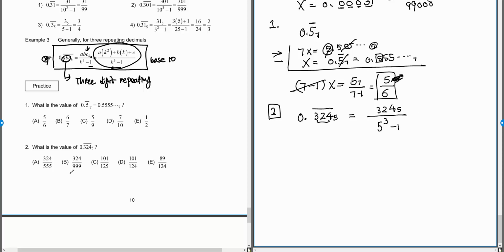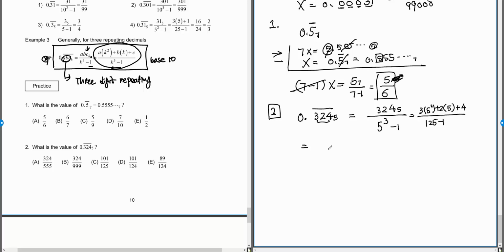All the numbers are expressed in base number 10. The first number, how much? 3 times 5 squared, 2 times 5, and 4 times 5 to the 0 is just 4. That's fine. 5 cubed is what? 125 minus 1. That is 124, right?